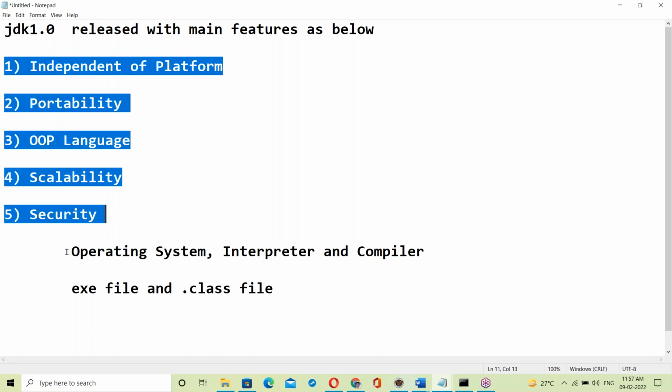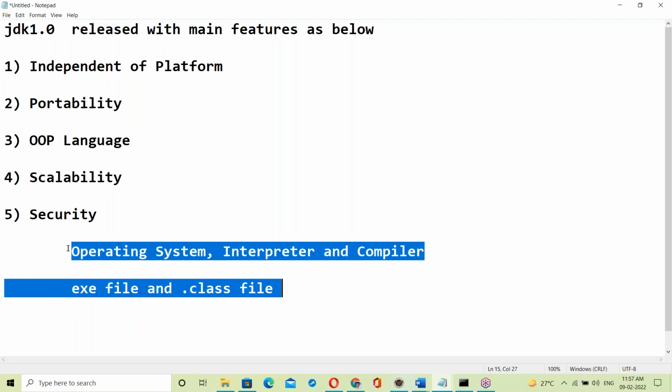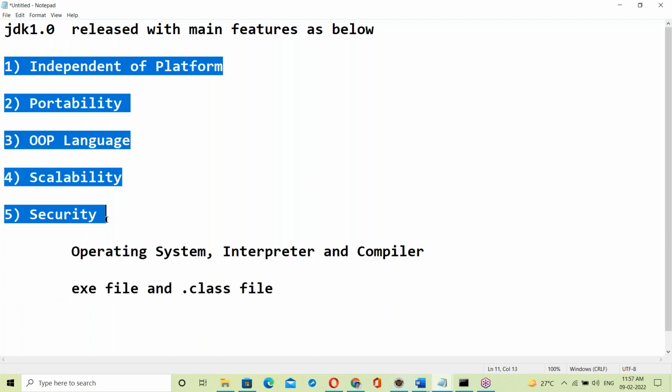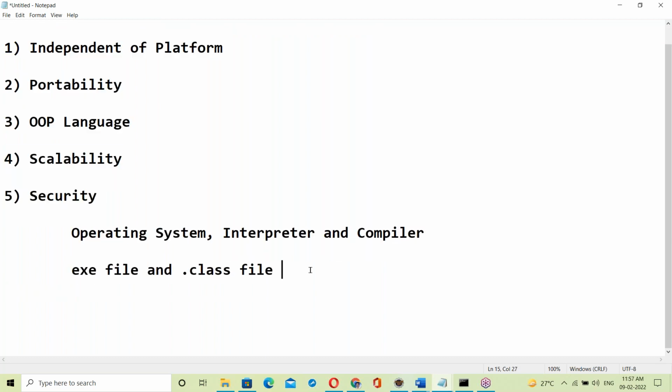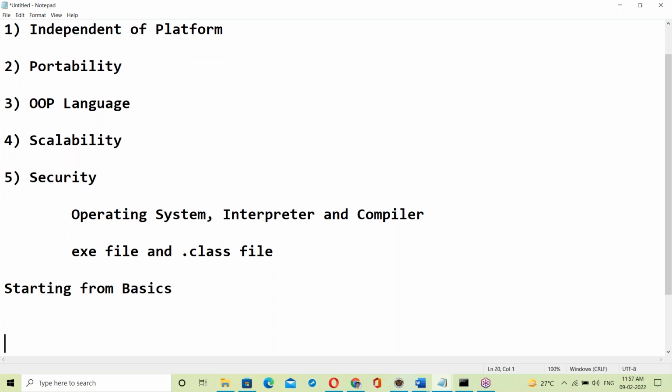First let us start with these basics. After finishing all these basics, we will go to these features. Now let us start. I am starting from basics. Non-IT background people can also understand.